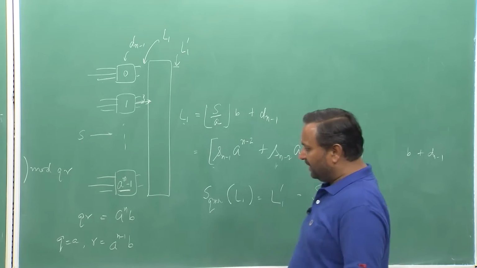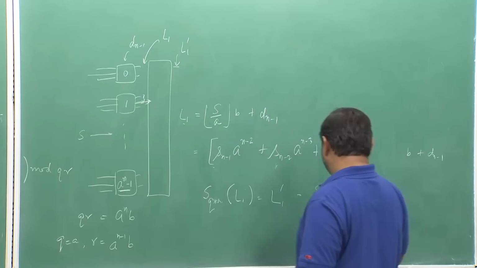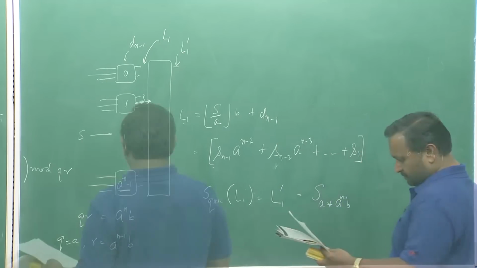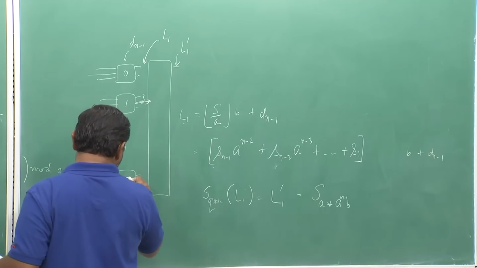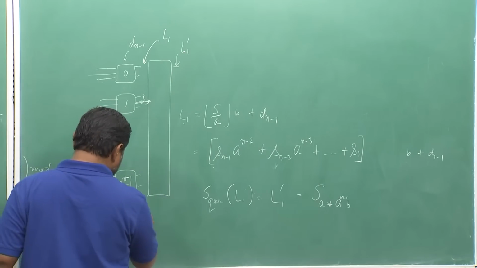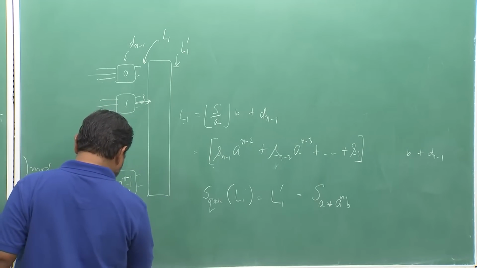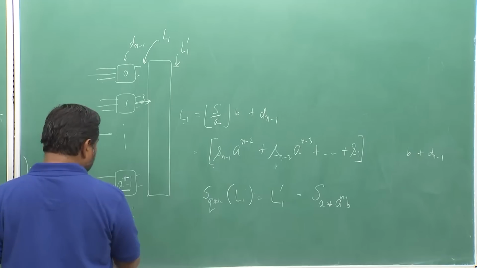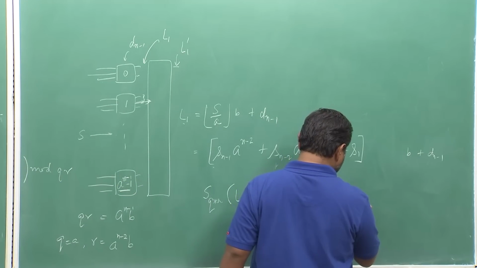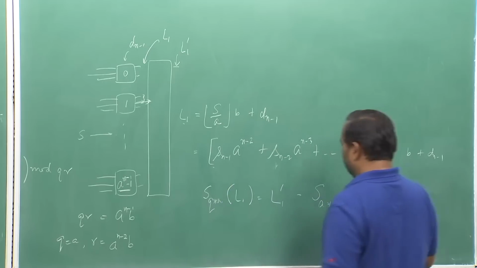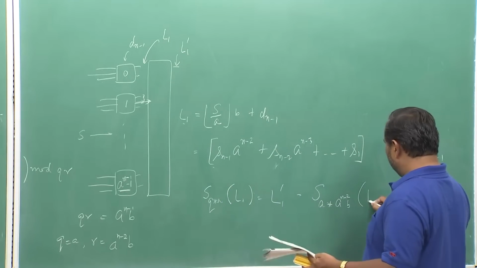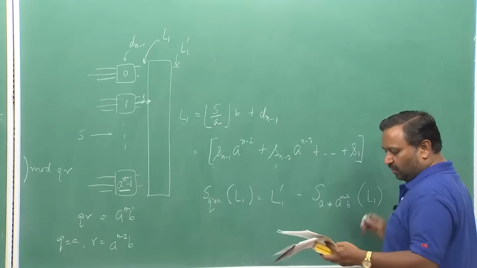R now will be given by A raised power n minus 1 B. Sorry, this has to be A raised power n minus 1 B. So, this will in turn be A raised power n minus 2 B R. So, this has to be n minus 2. Okay, into the L1. So, we need to solve for this.